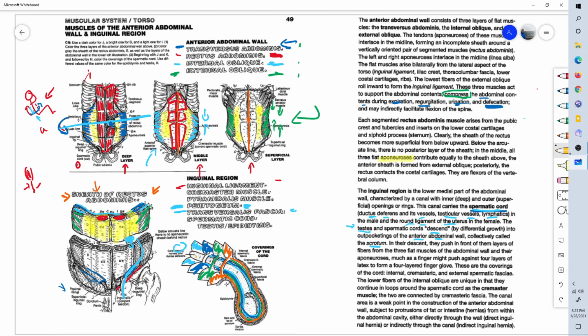So this is called the spermatic cord that was pushing through. And of course the testes themselves, the male reproductive organ that creates the sperm for reproduction.